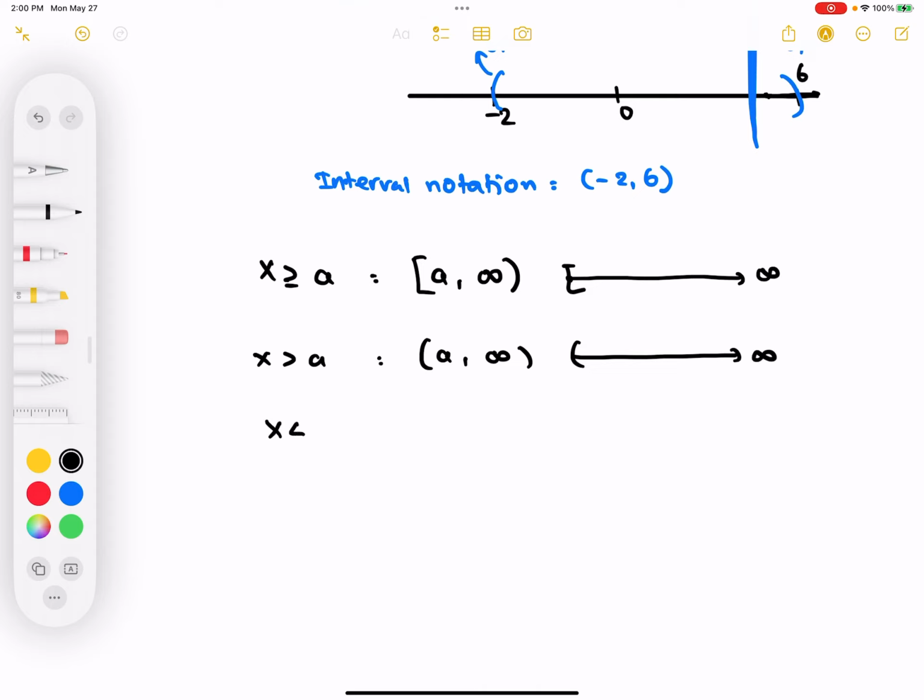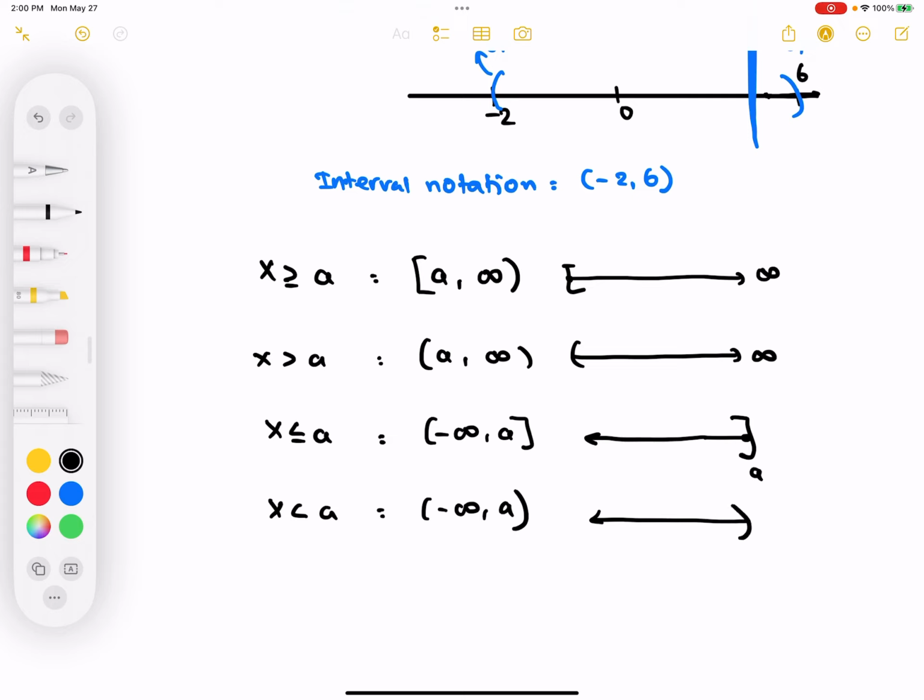x less than or equal to a, this means from -infinity to a inclusive. That means this is to the left side, where a is somewhere here. The same thing, x less than a: this is -infinity to a, open. The graph is open.